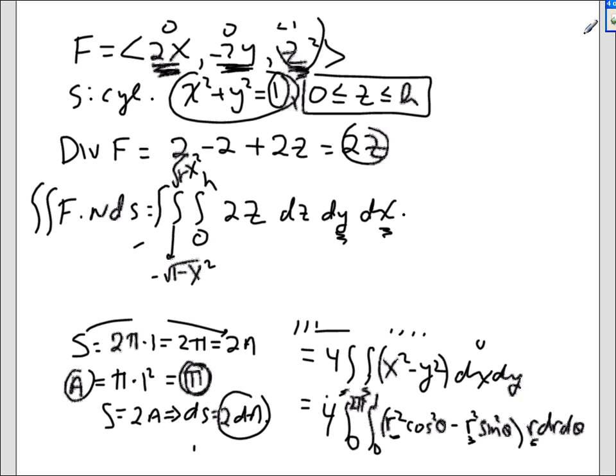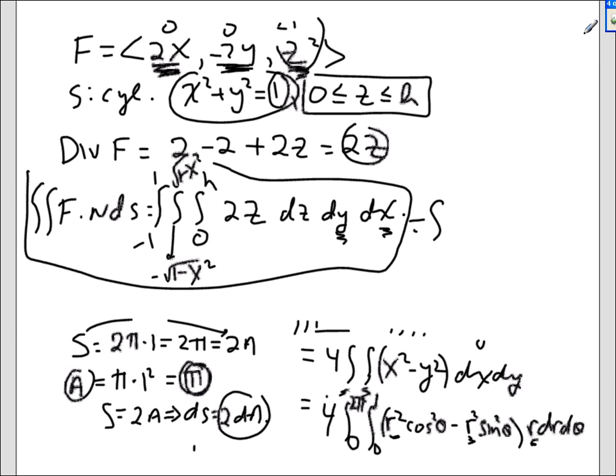And x goes between negative 1 and positive 1. I thought this integral would be a snap to do, but it isn't. If you were to do this integral, you would find that it is a lot easier than the integral that we had at the beginning.